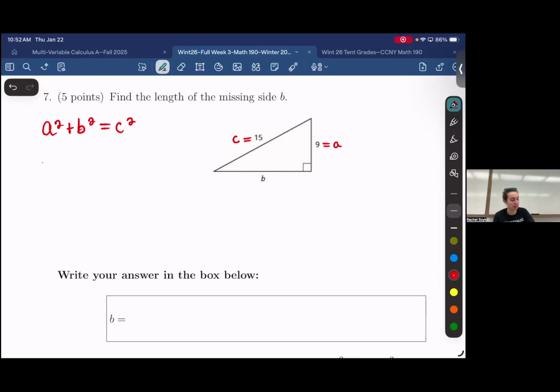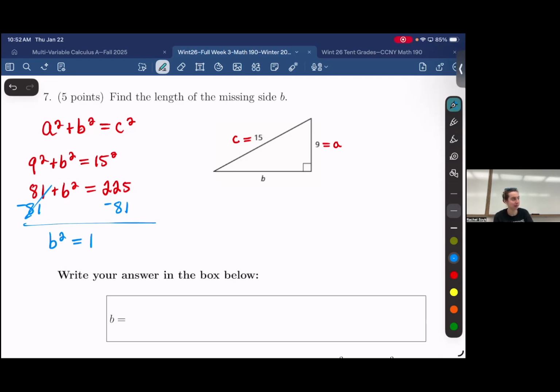So now when we plug in, we get 9 squared plus B squared is equal to 15 squared. 9 squared is 81. 15 squared is 225. Let's go ahead and subtract 81 from 225. And when we do, what do we get? 144.